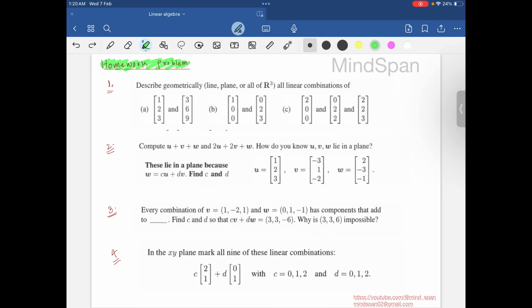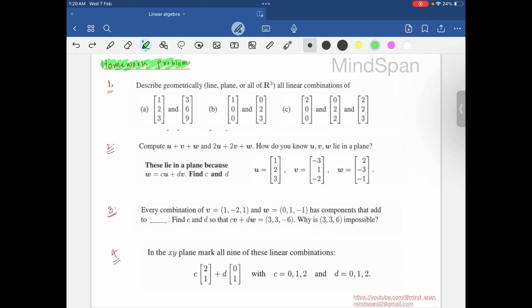Let's see how we are going to coordinate with this section of homework problems. This is the first time, right? So I would say solve these problems. If you have difficulties solving them, you can also write me an email saying that you are not able to solve or understand this problem. Then we will find the solution for that.